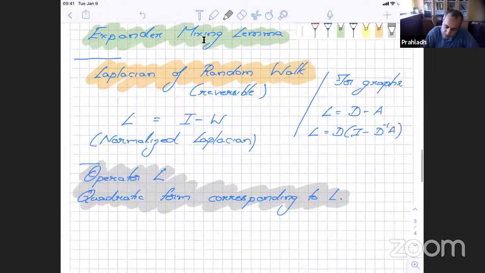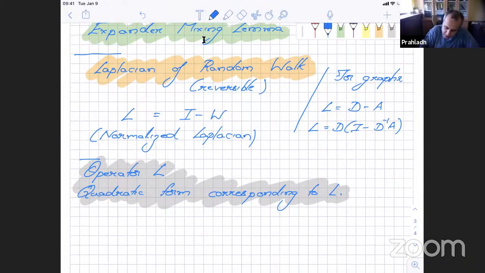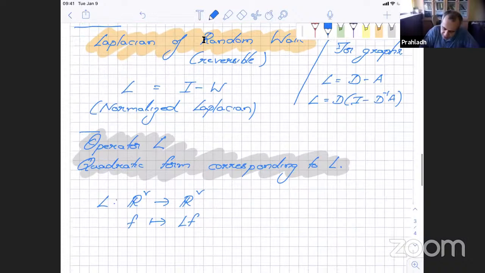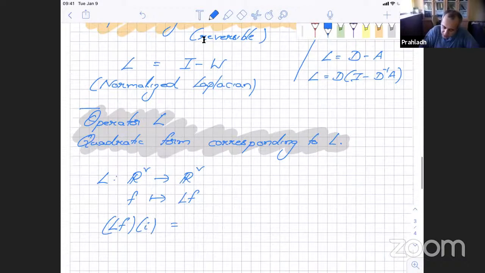There's an operator. The Laplacian takes functions on the vertices, basically mapping f to Lf. Let's just write this down. So Lf of i, what will this be?